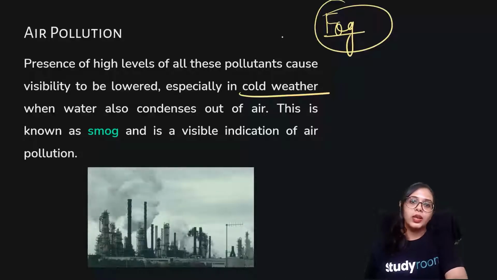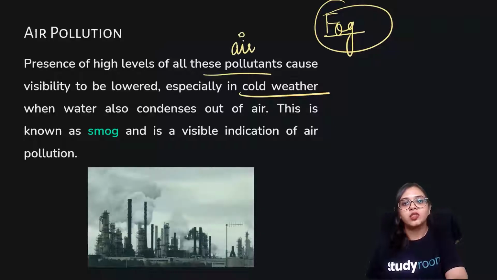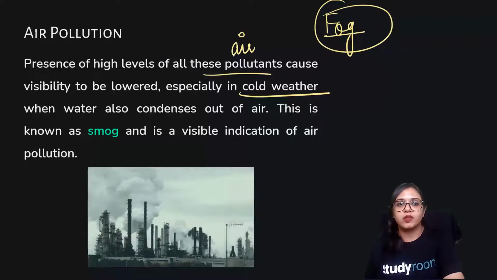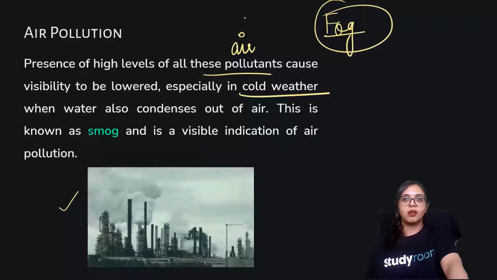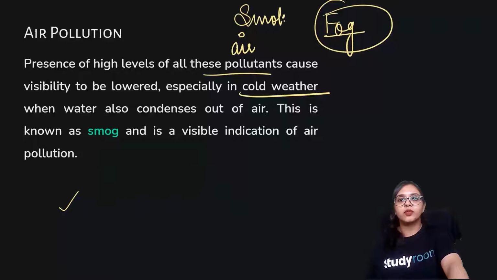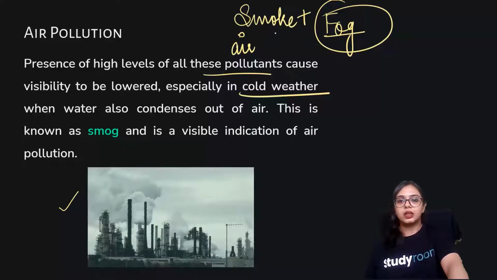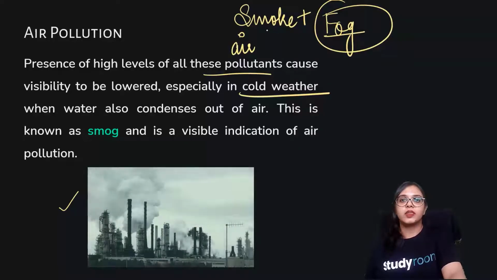Okay, so when air pollutants such as those harmful oxides coming from the industries, as you can see here in this animation, or from the vehicles or from other incineration sources, are coming, they are basically mixing up with this fog that is already present in our atmosphere.